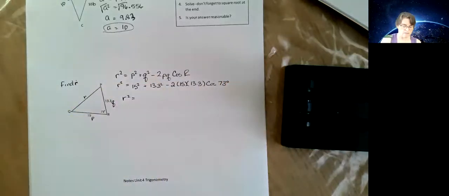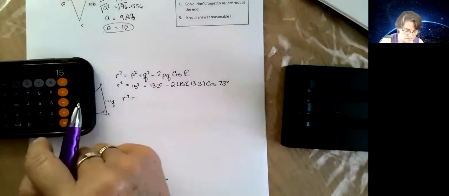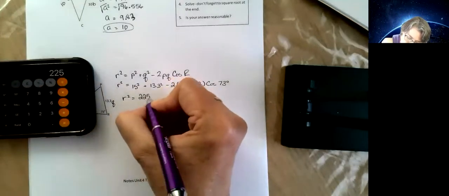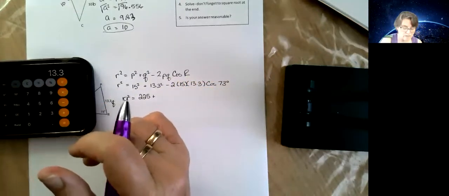R squared is 15 squared is, I believe, 225, but I don't know. 15 squared, yep, 225. Plus, I don't know what 13.3 squared is, I'm going to guess 175.